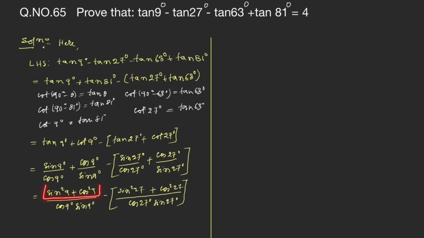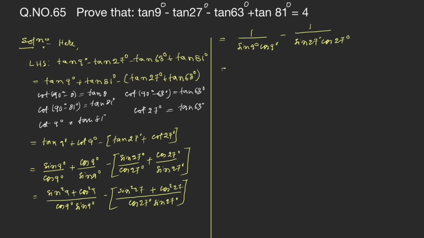So in the place of this we are able to write 1, and in the place of this also we are able to write 1. So this is equal to 1 divided by sin 9 degree cos 9 degree minus 1 divided by sin 27 degree cos 27 degree.